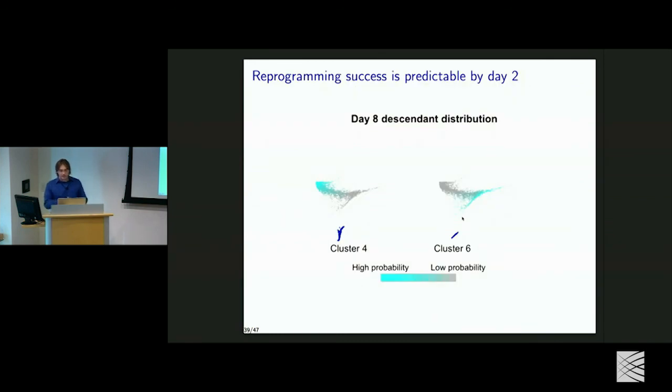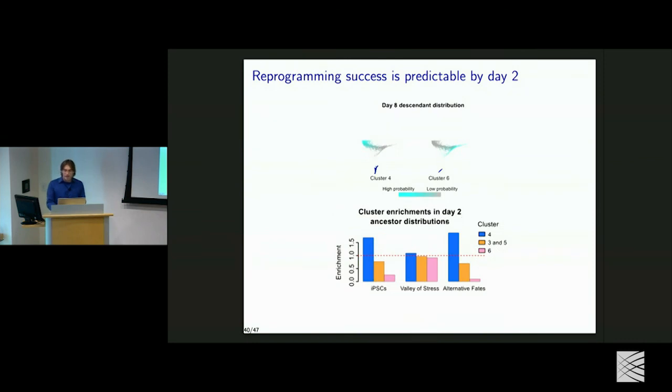Okay, so we can look at the descendants and see where they go. We can also look at the ancestors and see where they came from. So now we're going to look at the ancestors all the way back to day 2 of groups of cells that were on day 16. So we're going from the end all the way back to day 2. Here we were going from day 2 forward to day 8. But now if we go from day 16 back to day 2, we can look at the enrichment in these 2 clusters of various day 16 subgroups.